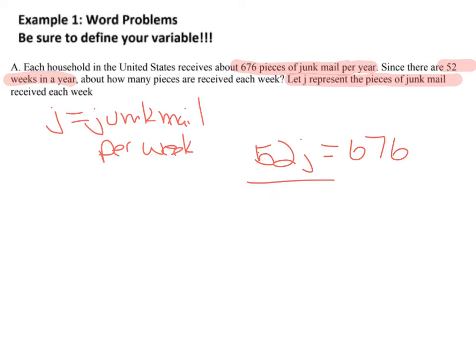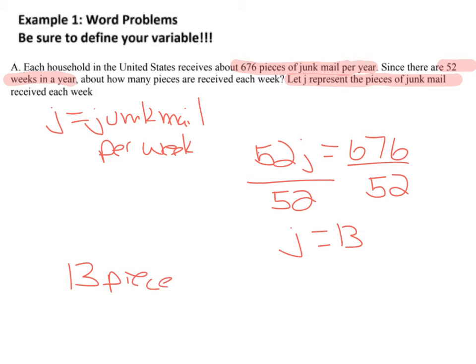So that's multiply, so we divide using those inverse operations. And how much is 676 divided by 52? 13. So that means we are getting 13 pieces of junk mail per week.